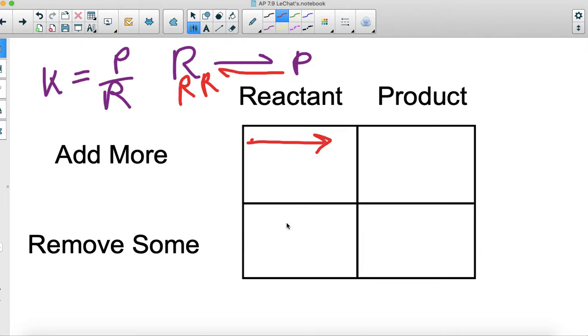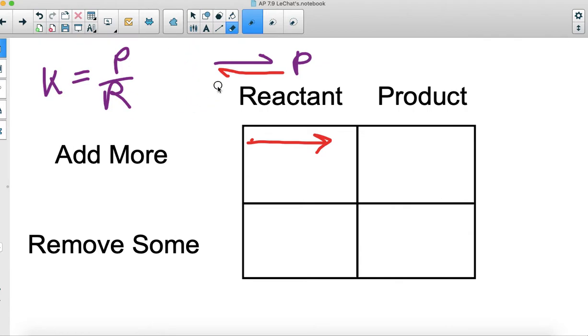If, on the other hand, we were to remove reactant, if we're to have less of this stuff around, oh my gosh, there's not even any reactant. Now what reaction is not happening? You're not going to see any forward reaction happening. And so all you're going to see is reverse reaction.